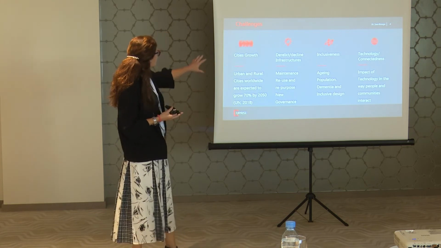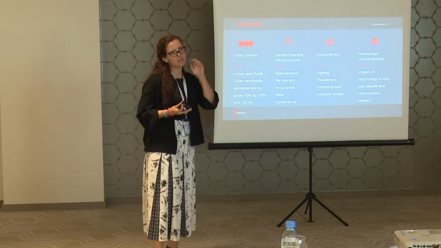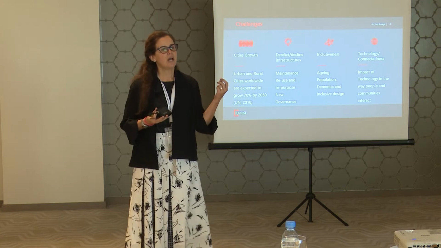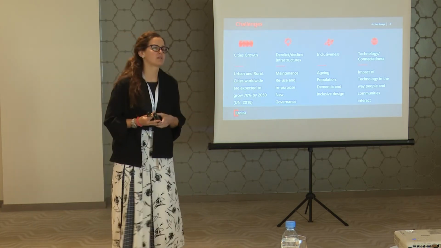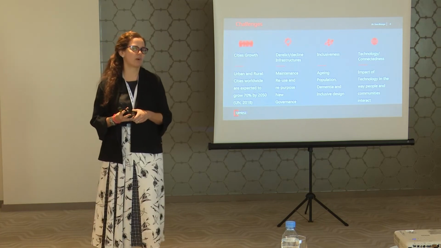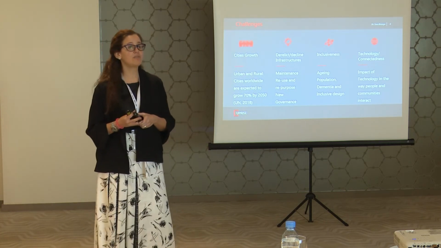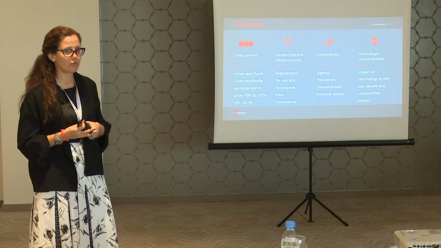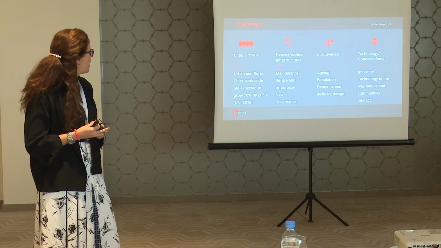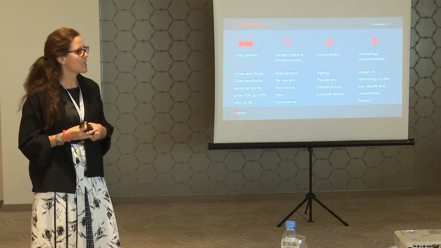So cities growth, infrastructures, maintenance, and how we actually address the repurpose and reuse, inclusiveness. Especially in Europe, we're facing an aging population, and we're facing severe issues in terms of health issues for communities, entire communities. How do we deal with inclusive design?